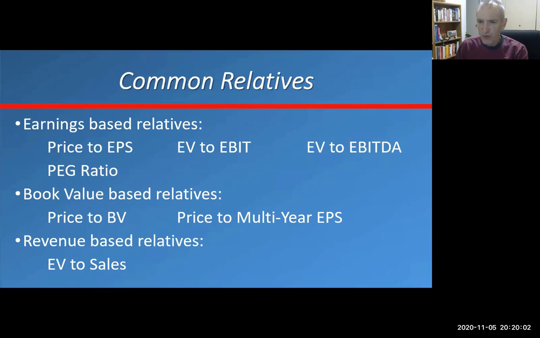And instead of using the forward PE to forward growth, you can use the trailing PE to actual historical growth and create kind of a historical PEG ratio. So maybe the trailing PE divided by the last 5 years of growth can be a good number. And so I might try something like that because it's a pretty easy ratio to get. But anyway, PEG ratio is an interesting one.